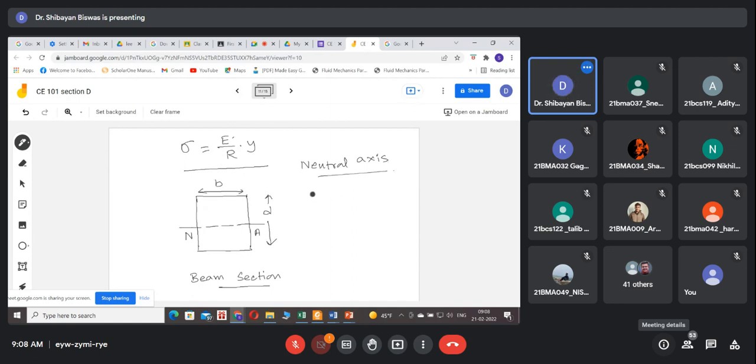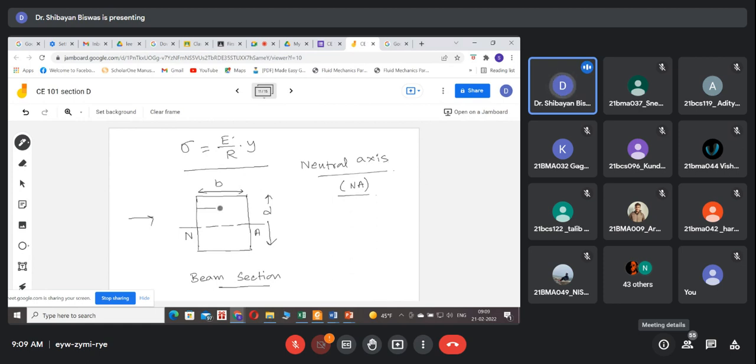The neutral layer, if we see from this side, when it is intersected with the transverse section, bisects the transverse section by some axis. This axis is known as the neutral axis or NA.